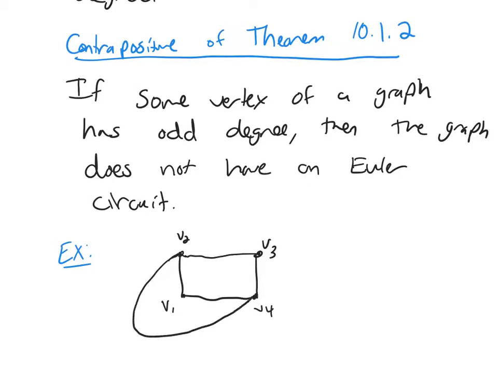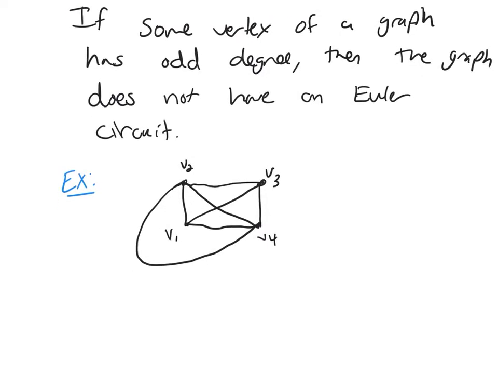I'm going to connect those two and those. And I'm also going to have an edge here as well. So if I look here, I have vertices that have odd degrees. In particular, V1 and V3 have odd degree.